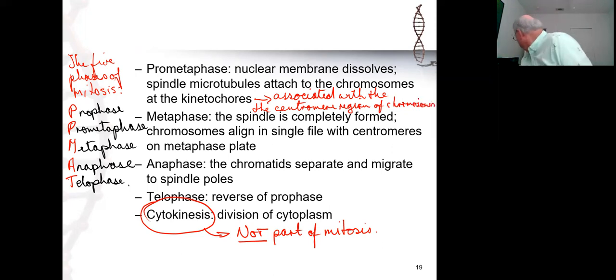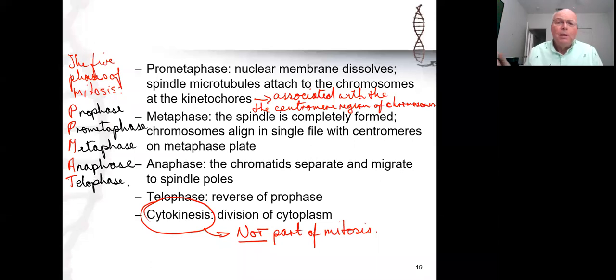Maybe room a little bit there. But the kinetochores are structures that are associated with the centromere region of the chromosomes, and there are two kinetochores, one associated with each of the two sister chromatids.